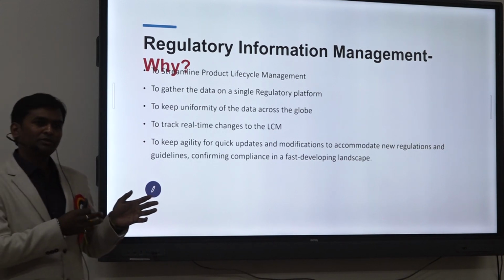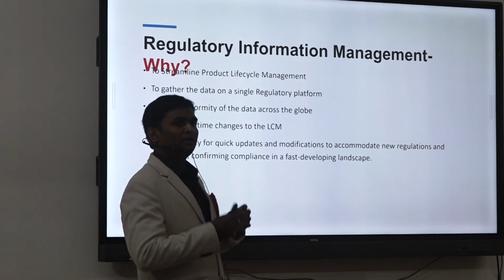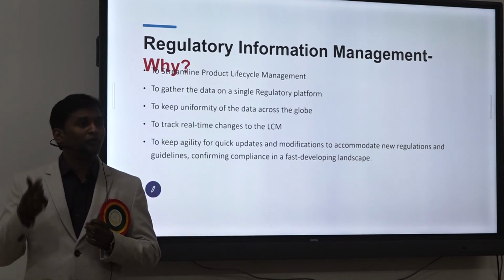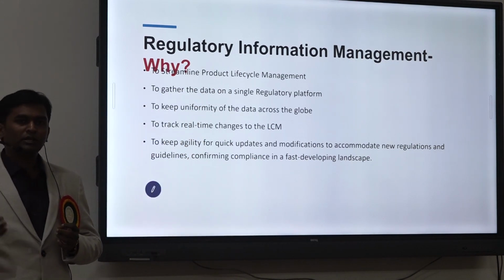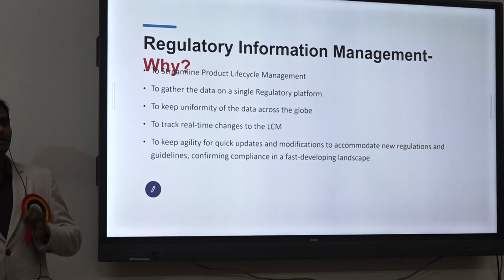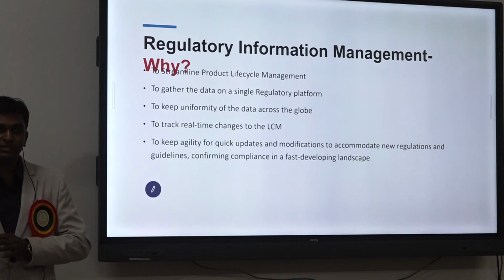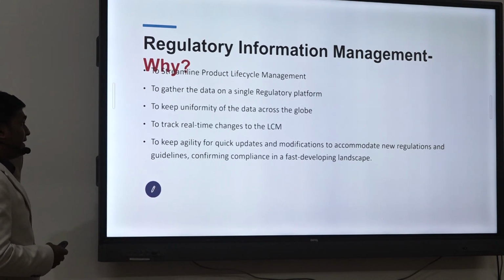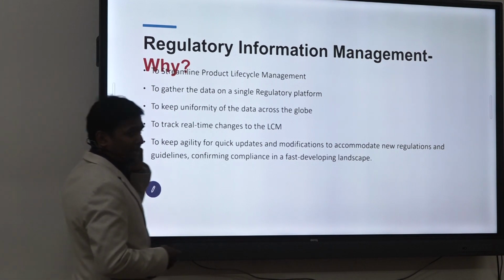But in regulatory information management, we have to add and distribute the data with uniformity. So across the globe, everyone will use the same terminology if we are using a regulatory information management system for a company. Then, to track real-time changes to the life cycle management.